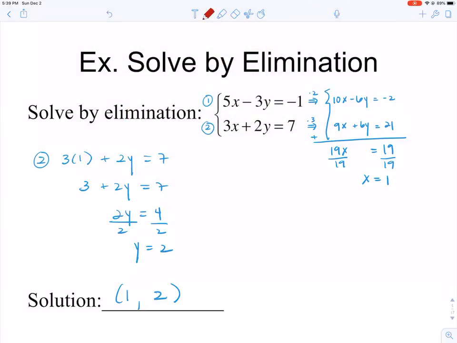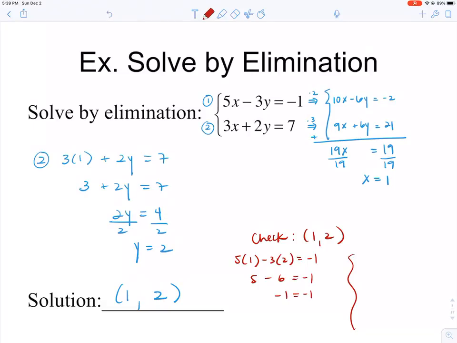And then let's make sure we check. So checking in the first equation, it's 5 minus 6 equals -1.